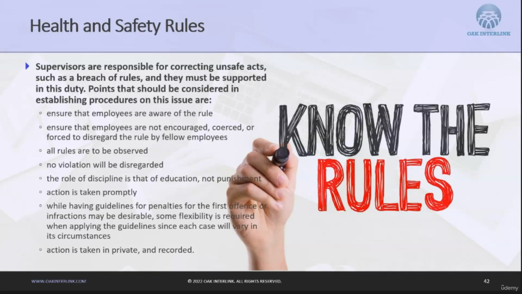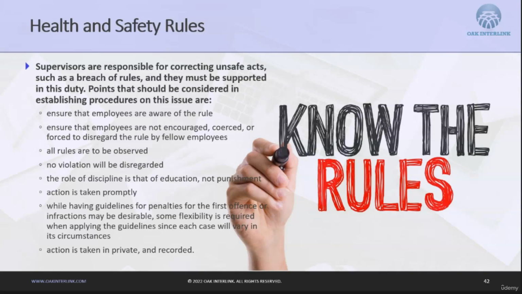To be able to enforce rules and regulations within the organization for safety to work, there has to be responsibility for ensuring this happens, and typically supervisors, in this case line supervisors, are responsible for correcting unsafe acts such as breach of rules, and they must be supported in this duty by management.